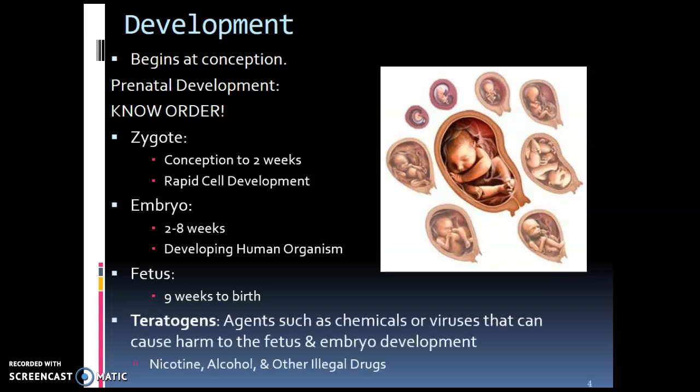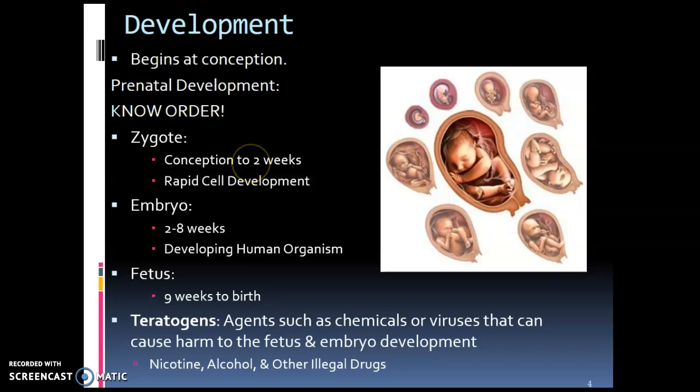Now, the problem with prenatal development would be teratogens. These are any type of chemicals or viruses that can harm the fetus and embryo development. Notice we didn't include the zygote there. The main reason would probably be that if an expecting mother interacts with teratogens during the zygote stage, the development will just cease.